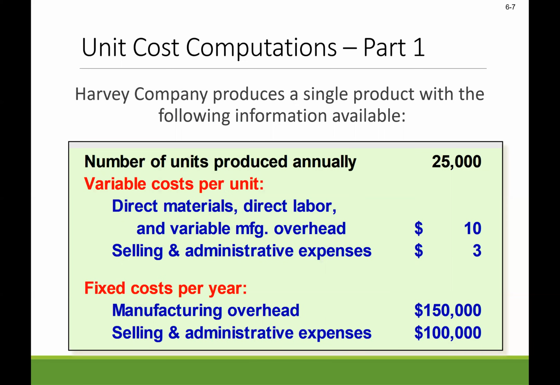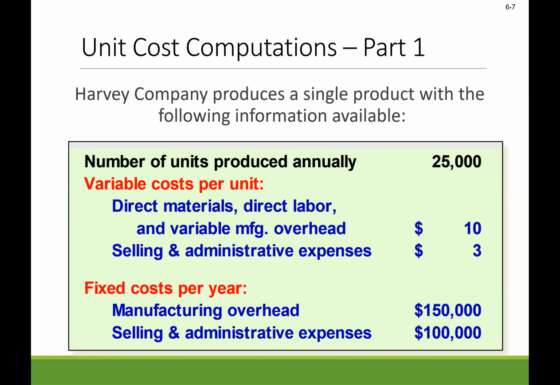Harvey Company produces a single product with the following information available. We have the number of units produced annually, and then we have variable cost per unit. We have our direct materials, direct labor, and variable manufacturing overhead of $10.